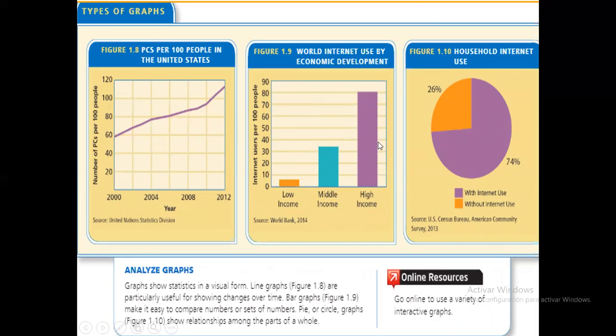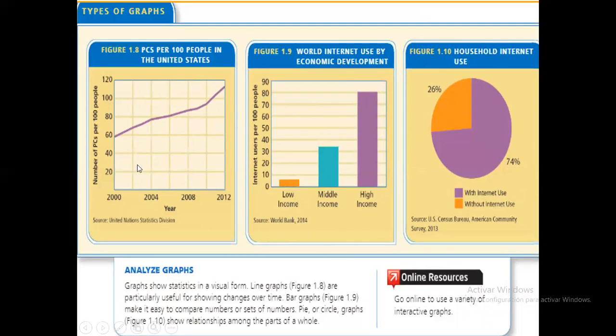The three of them have different purposes. This one, we explained already, shows how something changes through time. With this one, you can compare three items. And over here, with this one, you compare everything as a whole. Como un todo.